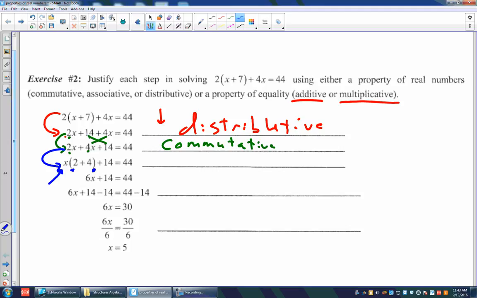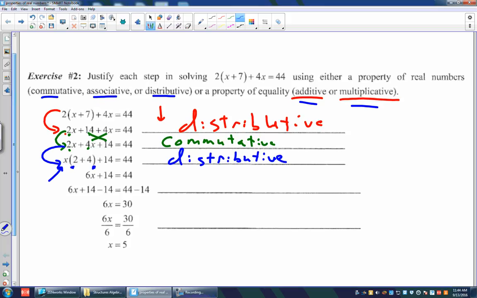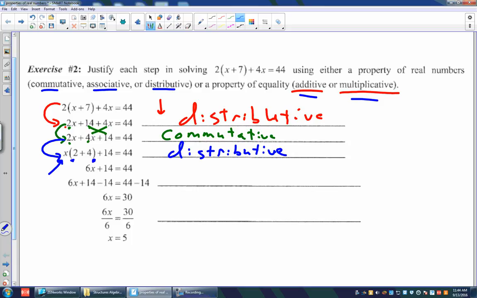We can't write factor here because it says we can only use these words. Remember, factoring and distribution are opposites of each other. So that is the distributive property. Because if we went from the bottom to the top, we would have been distributing.